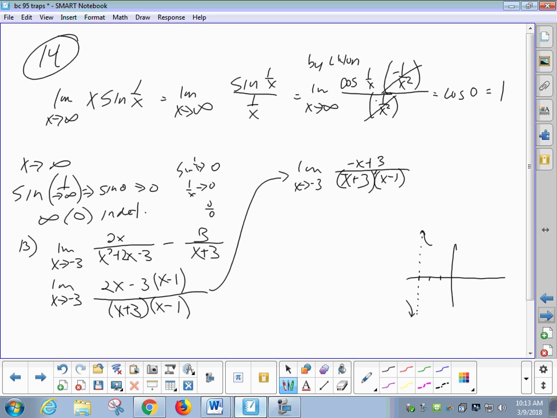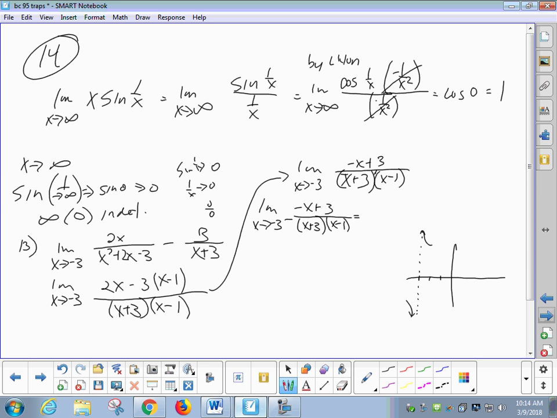I guess to get the evidence in the record, I'm going to have to actually figure it out. So the limit as x goes to negative 3 from the left, is it infinity or negative infinity, which one? Well, left would be less than negative 3, so maybe negative 3.1.